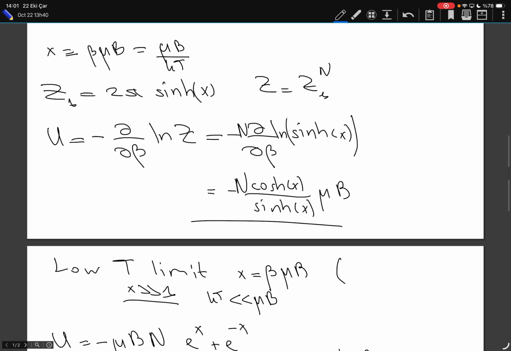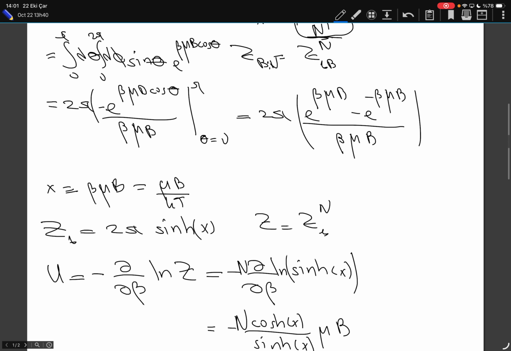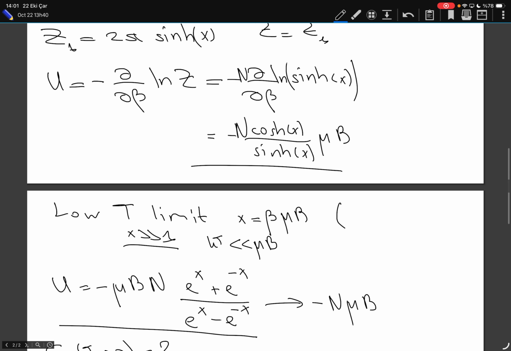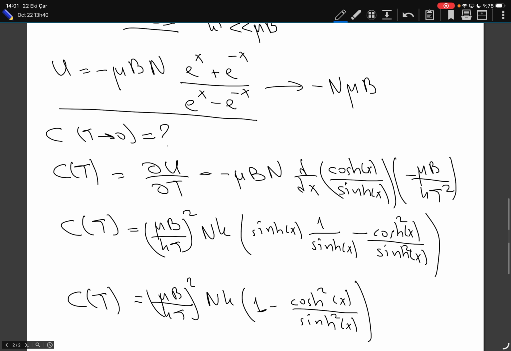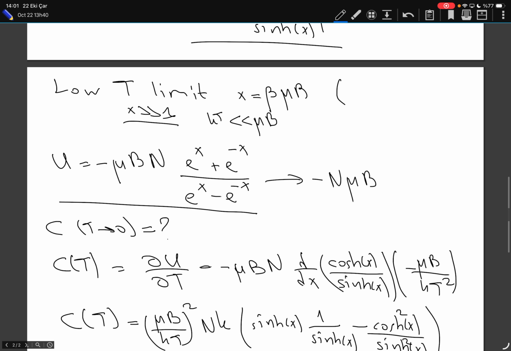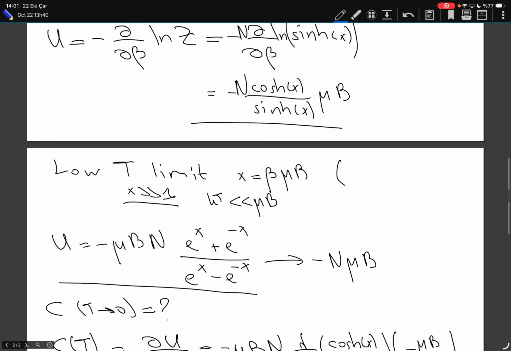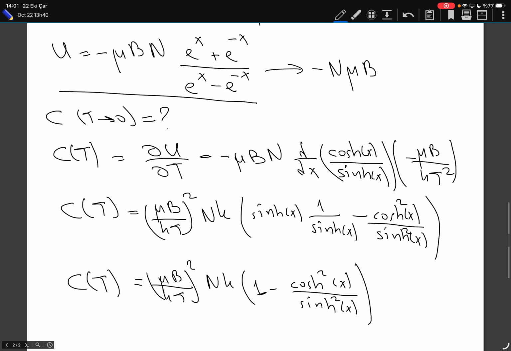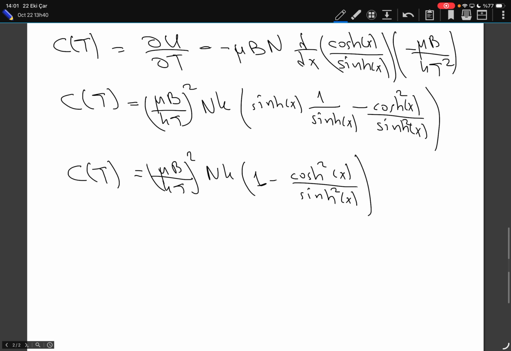The derivative of sine hyperbolic is cosine hyperbolic. So this is u. There's no problem there. Heat capacity is the derivative of u with respect to temperature. U is this one. This seems to be the answer.